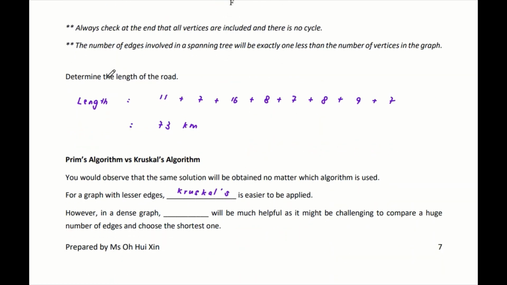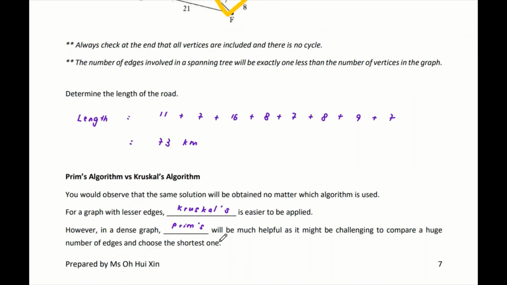So that's why for a dense graph, meaning a graph with a lot of edges, Prim's will be easier because you can start from anywhere that you want. Because in Prim's, we talk about choosing the vertices. As long as you have one starting vertex, you can slowly extend your minimum spanning tree by looking at the adjacent vertices. So that's why in a dense graph, Prim's will be much easier.